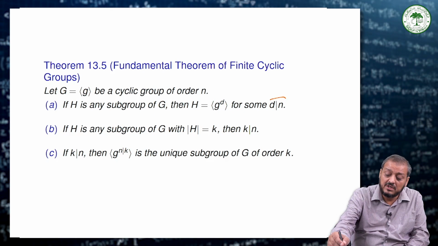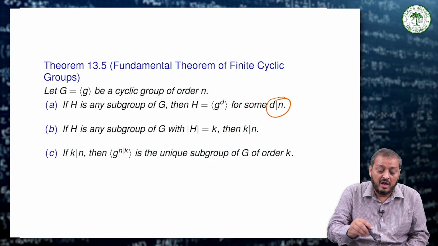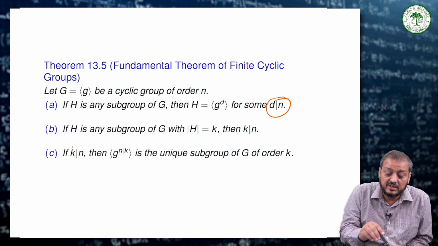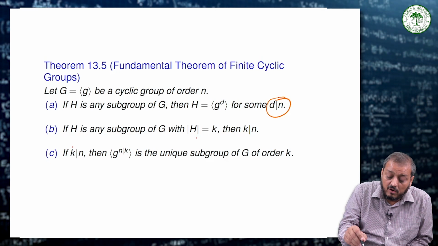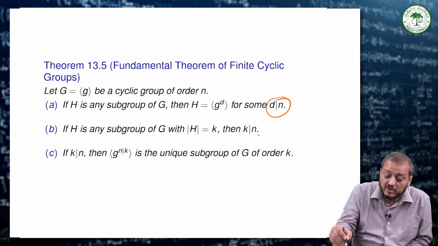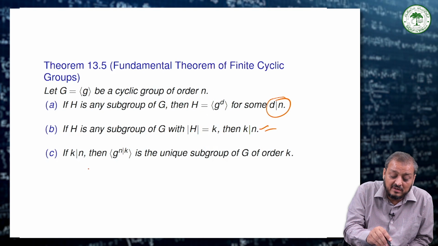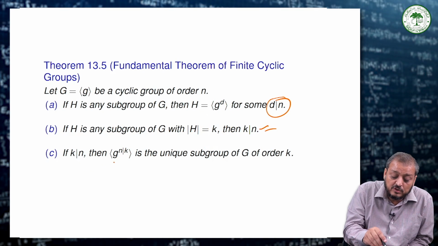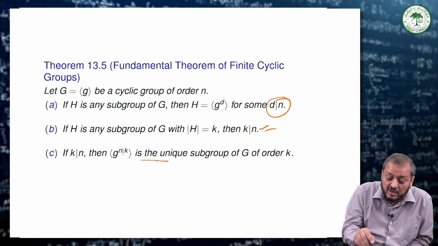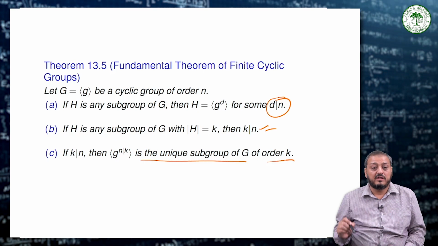Also, if H is any subgroup of G and the order of H is equal to k, then k divides n. And also, if k divides n, then the subgroup generated by g to the power n by k is the unique subgroup of G of order k.